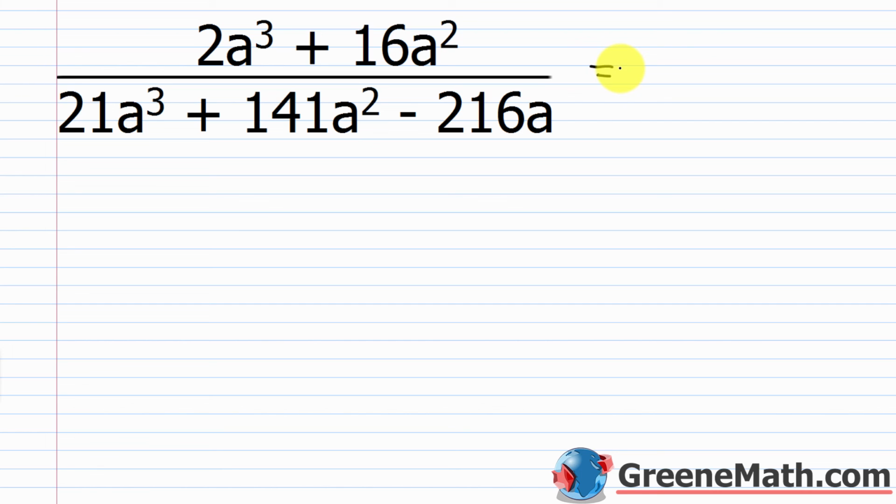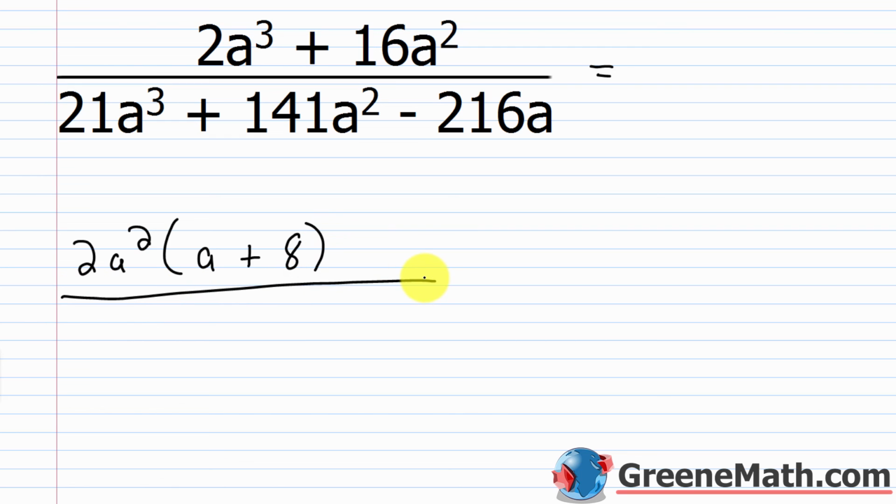In the numerator, I can factor out a 2a squared, and that's going to give me an a plus 8. In the denominator, I can see right away that I can pull out an a, but everything is also divisible by 3, so I can pull out a 3a. So I'd have 3a times 7a squared plus 47a minus 72.